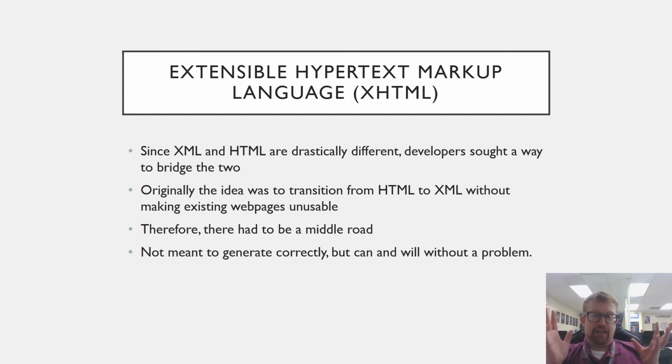They wanted to find a way to bridge them together so you could have both. The original idea was to transition from HTML to XML without making any existing web pages unusable, but that ended up not working, so they created a middle road to bridge the gap. It's not meant to generate correctly, but can and will without a problem.